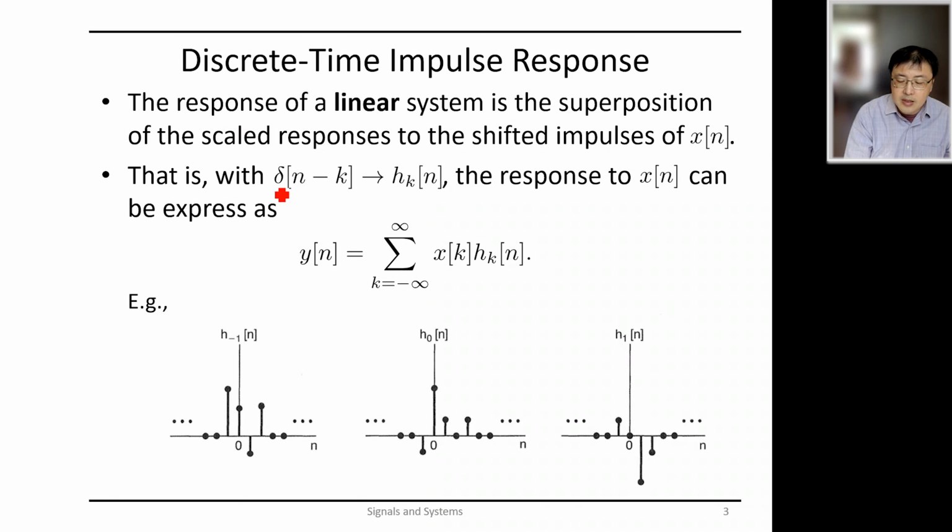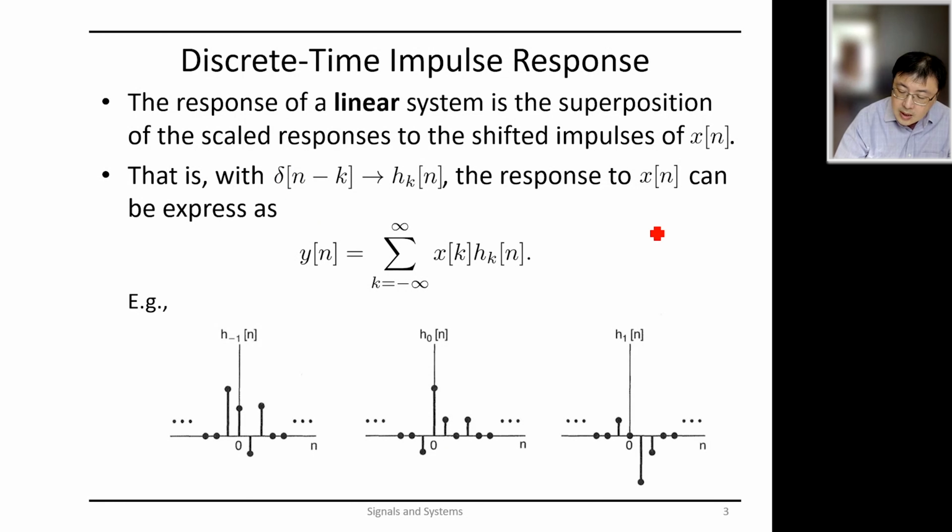hkn is the response that you get if you insert an impulse at time k at the input.